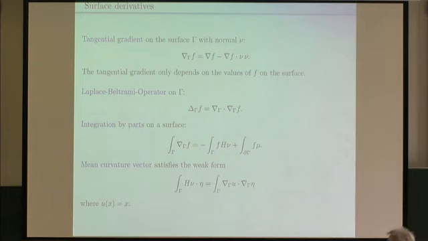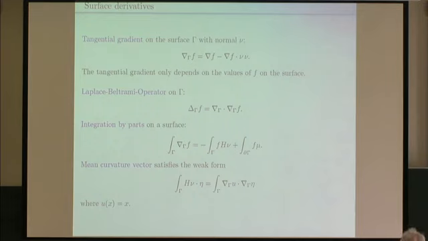There's our tangential gradient. One thing that's interesting is the integration by parts on a hypersurface, which gives us this formula here. And we should be aware that we get the mean curvature vector coming out here. So this is always important when we're doing calculations. Another interesting thing is that if we take the mean curvature vector, multiply it by a test function, then what we get is basically the Laplace-Beltrami of the identity operator.